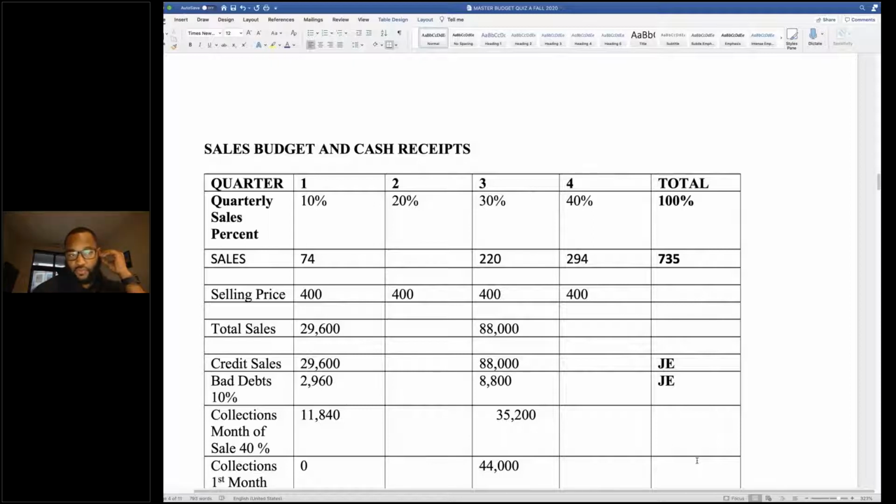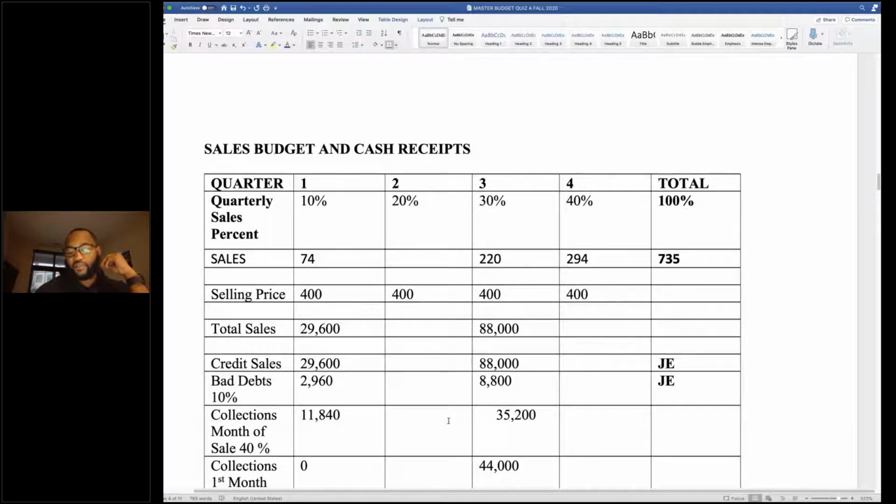Professor Boyd. Oh, he walked off. Hey, do any of y'all know how to do the payment in the month following the purchase? Is it the same as we do it up top for the ink budget? Are you talking about the cash collection budget?